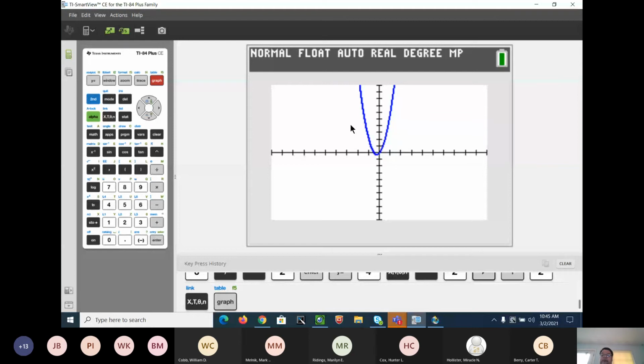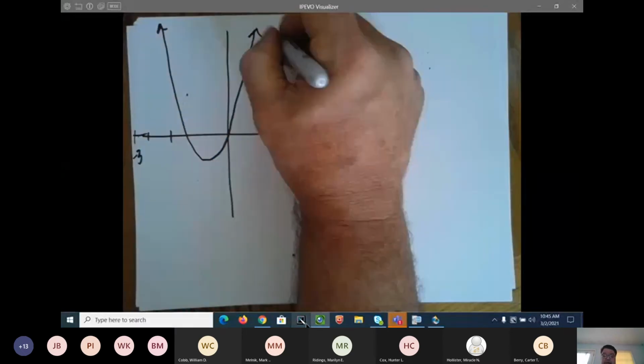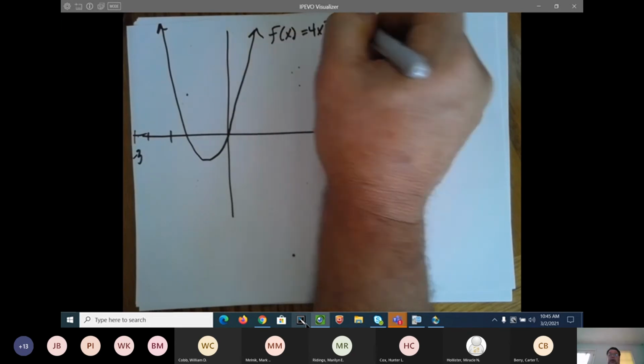And at -3, we can't even see -3, but we know it's going to be a negative slope. So we know that this function is f of x equals 4x squared plus 2x.